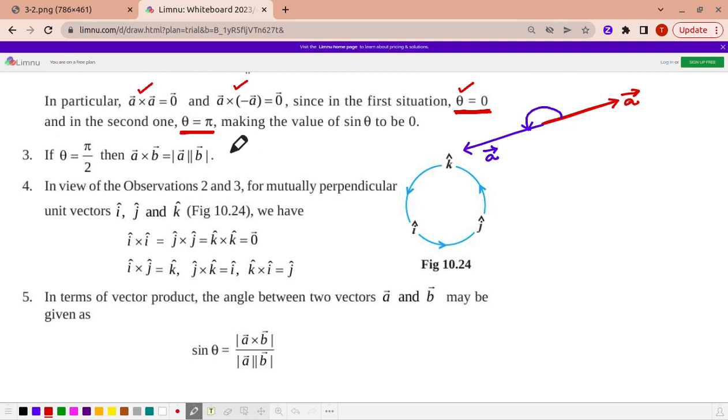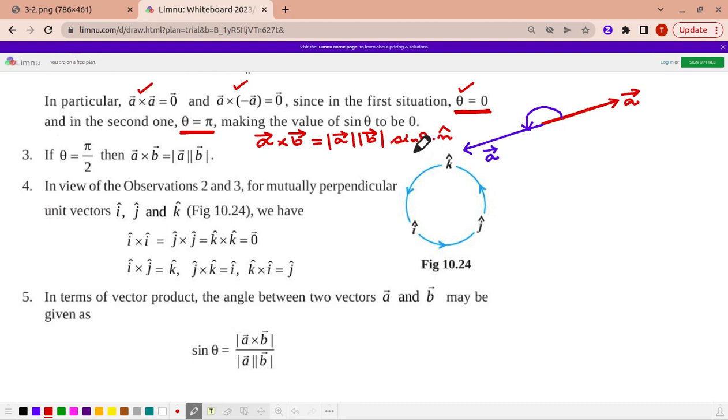Now let's come to the third point. If theta equal to pi by 2, we know the value of sine pi by 2 is 1. So what is the fundamental definition of A cross B? I write it, because it is better to write for the initial few times, and you please also write along with me in your notebook. It is mod A mod B into sine theta and n cap.